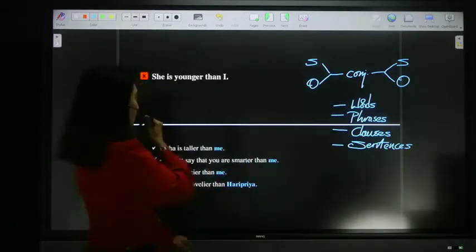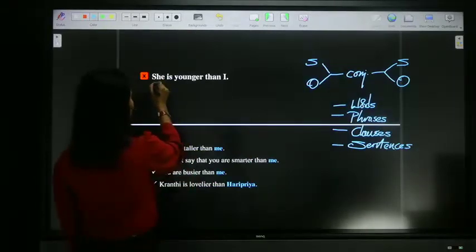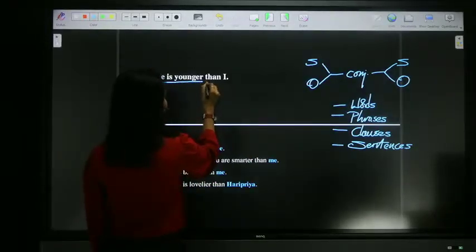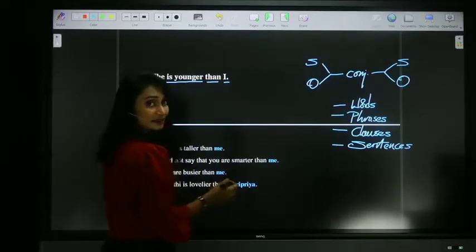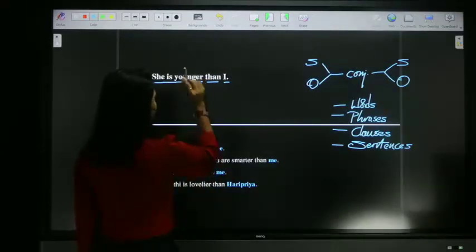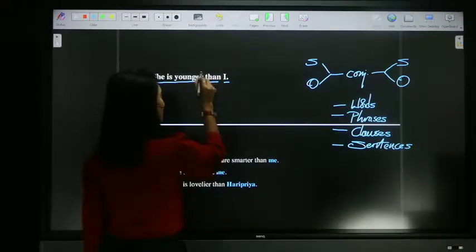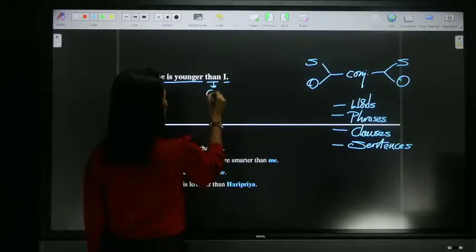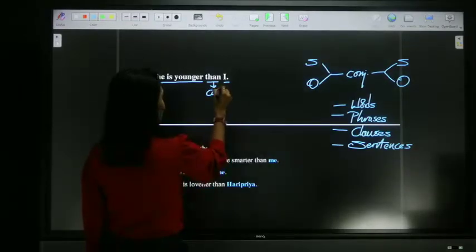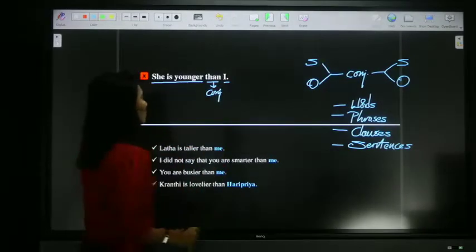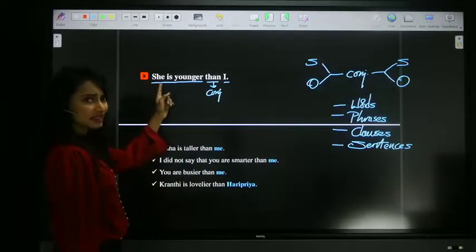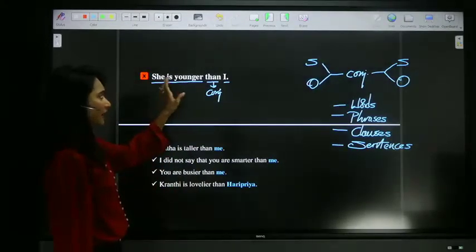Now, if you look at this, she is younger than I. So, she is younger is one part, than is a conjunction here, I is another part. Now, she is subject, is verb, younger than I.